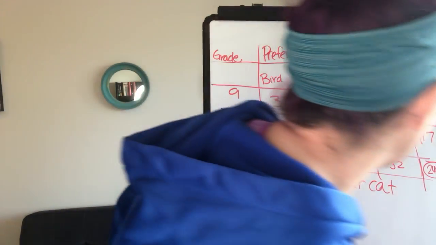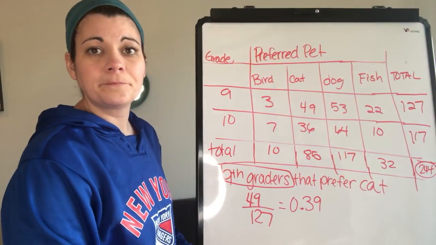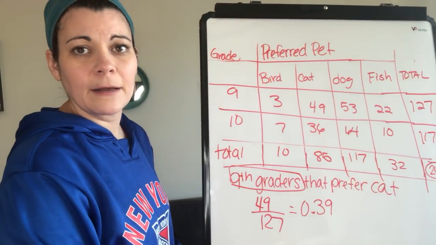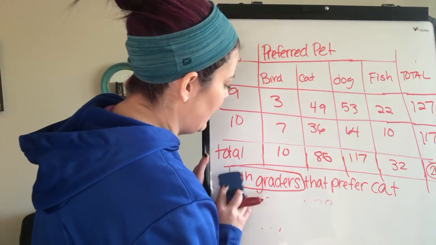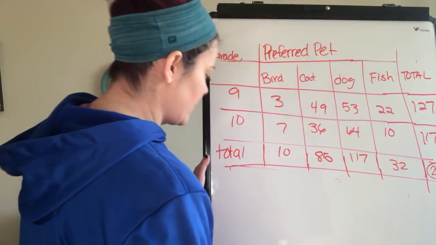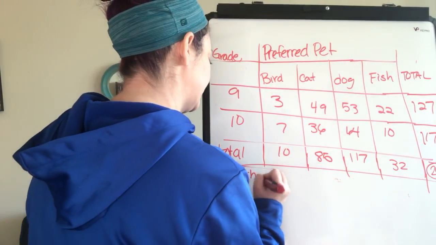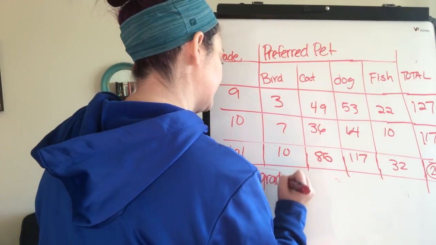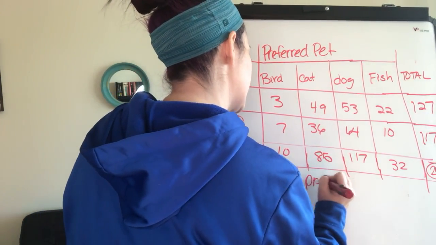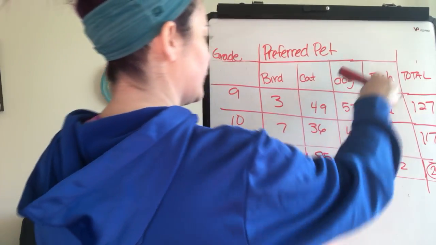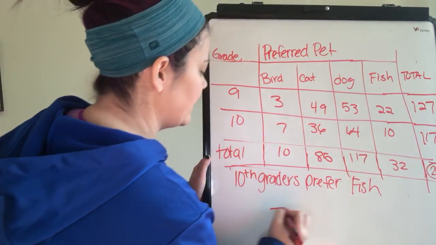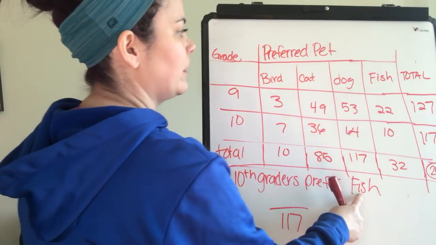Let's talk about a little bit more. Let's say 10th graders that prefer a fish. We're looking at 10th graders, 117, and we want to know fish.